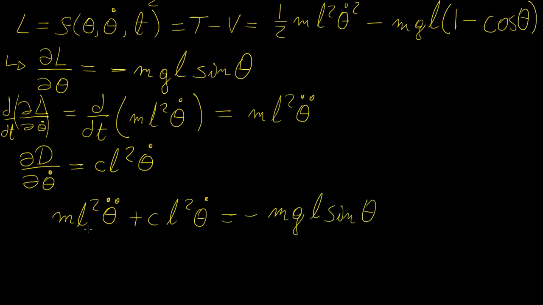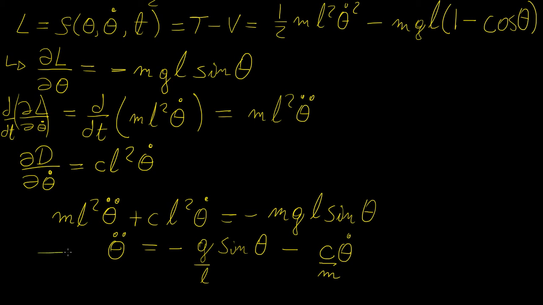Now we rearrange this, so let's divide both sides by ml squared. So we're going to have theta double dot equals minus g over L sine theta, because we have L squared here. And then we're going to have minus c times theta dot over m, of course, because we divided by ml squared. So this is going to be the equation of motion.